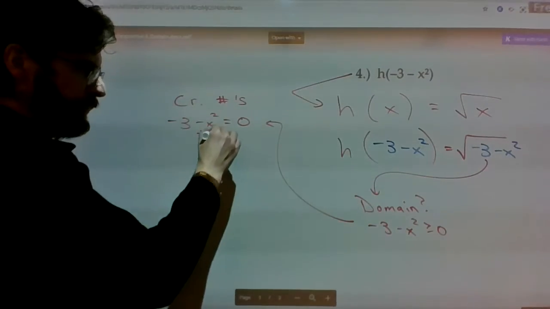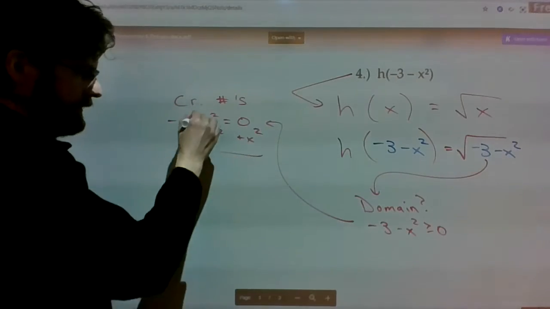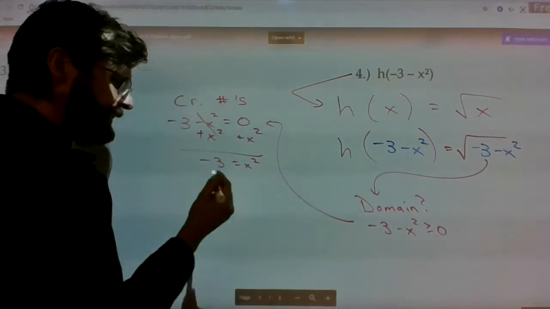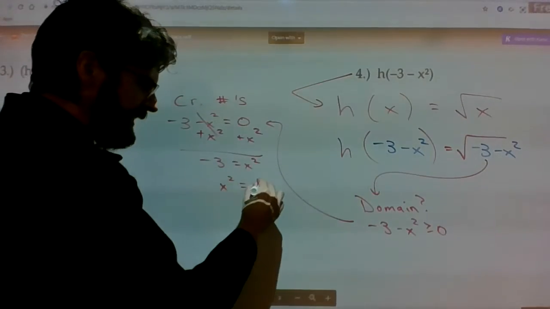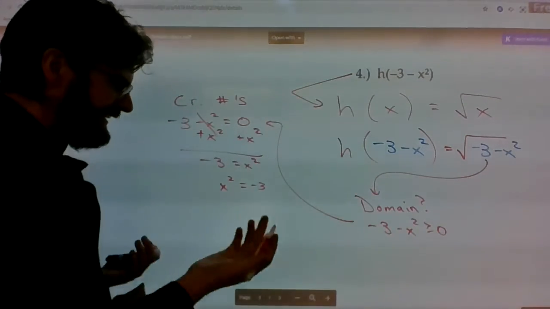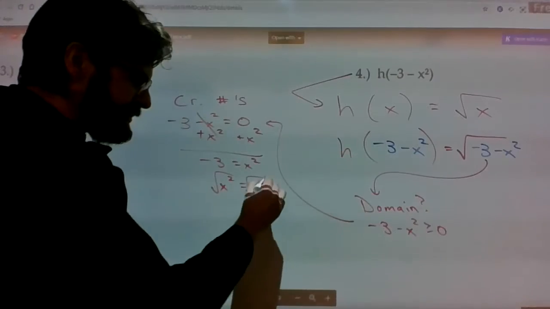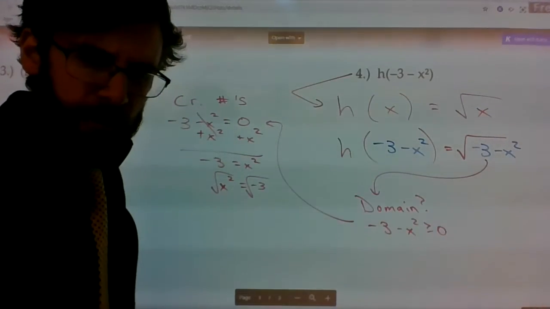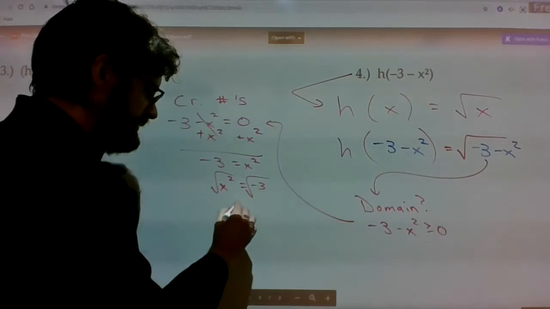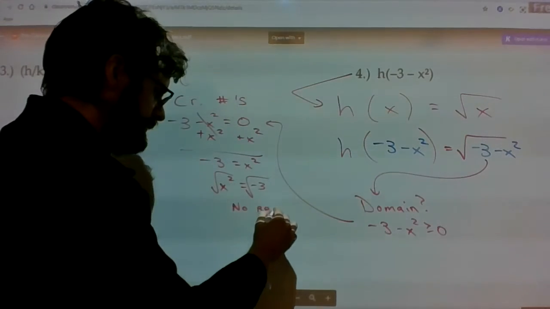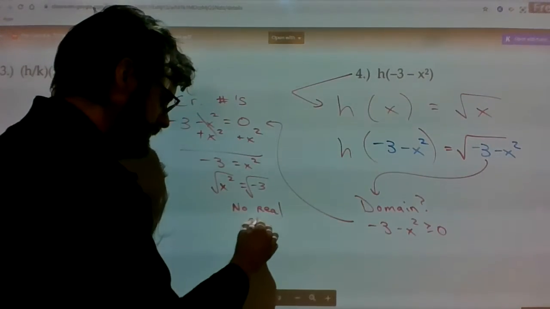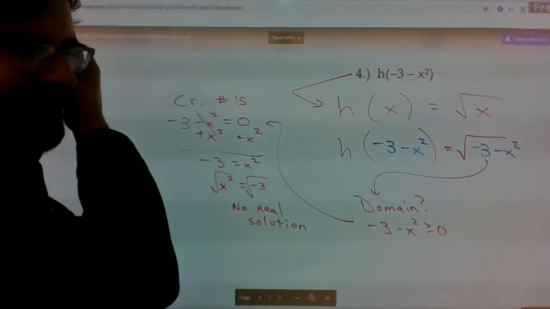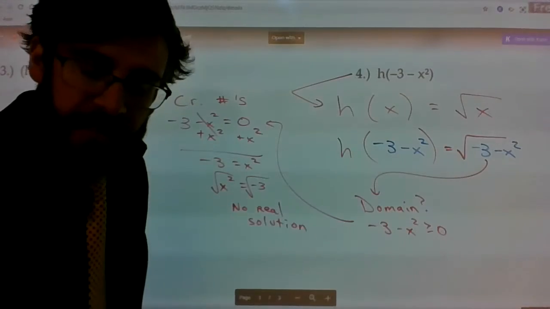And if I add x squared to both sides, I get negative 3 is equal to x squared. But I'm noticing right off the bat that I can't even square root both sides because there's a negative number inside the square root. There's no real answer to this. So I got to take a different perspective.